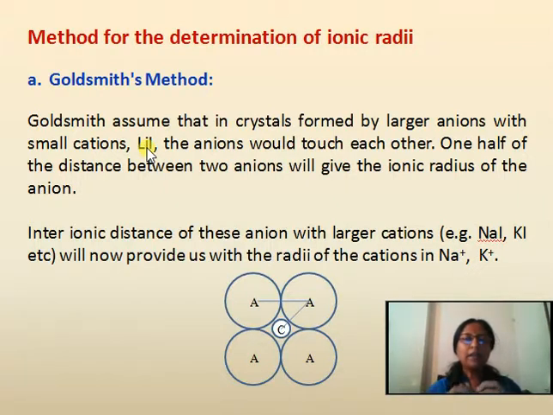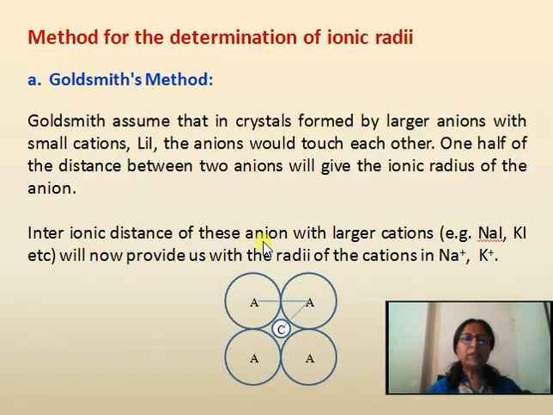If they touch each other, we can take the interionic distance between these two anions, and if we divide that by 2, we will get the ionic radii value for the anion. And if we can get the value for an anion like I-, then we will be able to determine the values for many cations.